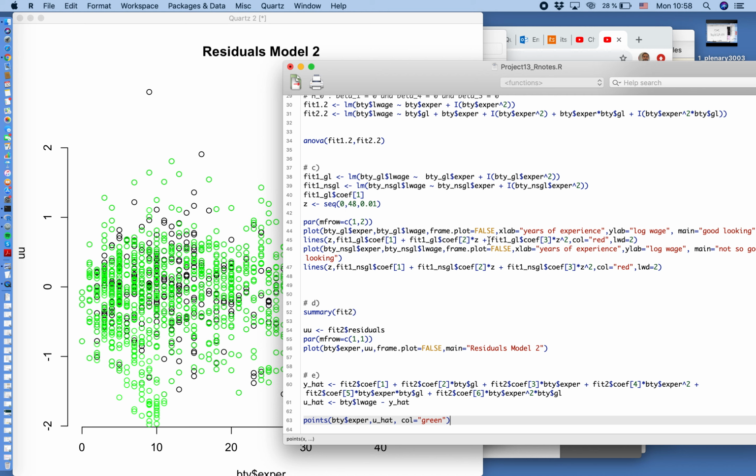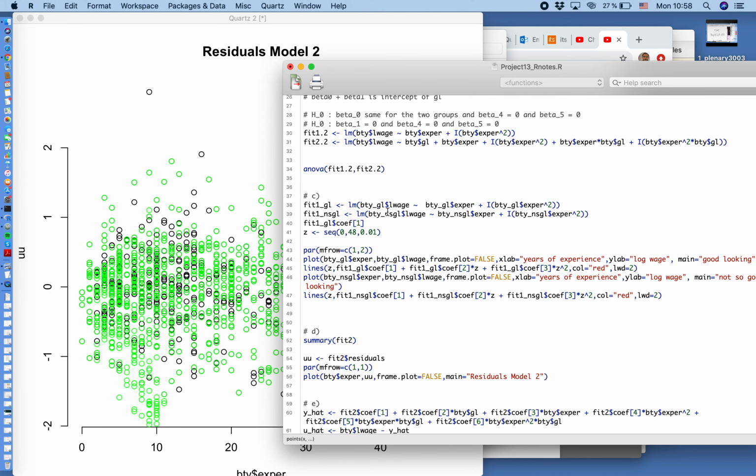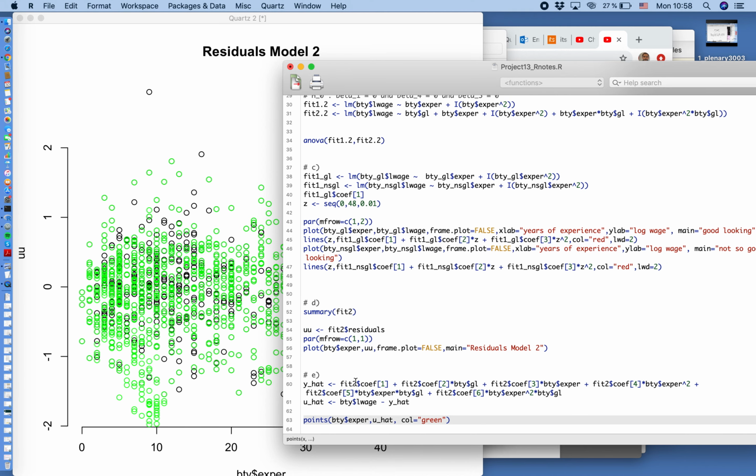So this is fit2 residuals on this model, and then we did fit equal 1, 2, 3, 4, 5, 6. Maybe I remember what it is.